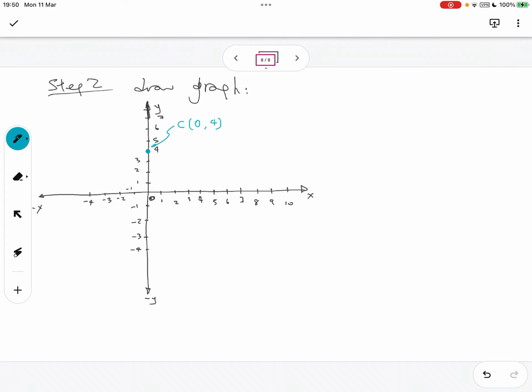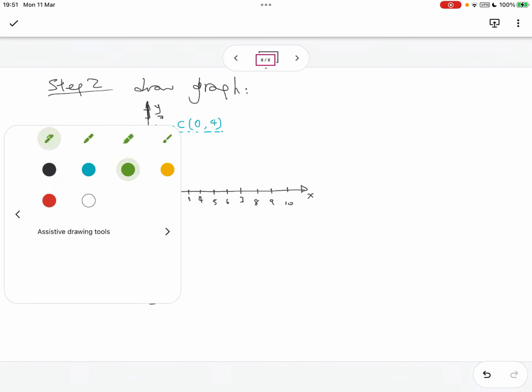Why is it 0? Because where x is 0, we're looking at numbers on the y-axis. And if the y-intercept is 4, then this simply tells us that where x is 0, y is 4. So I'll just erase that so there's no confusion. I want the blue point to denote that y-intercept.